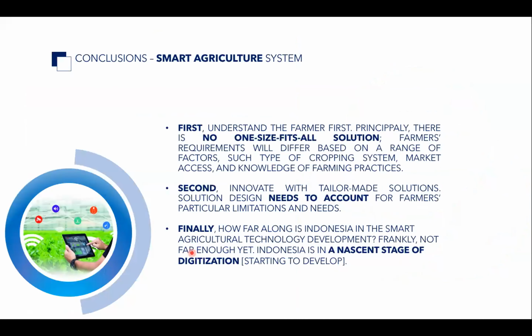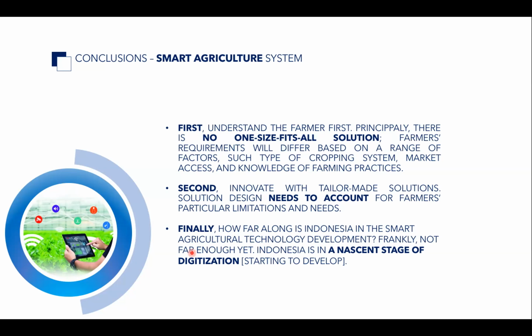The last part of my presentation is the conclusion on smart agriculture. First, we have to understand the farmer first. I think it's most important that if we want to develop a smart agriculture system in a particular area, please understand the farmer first.